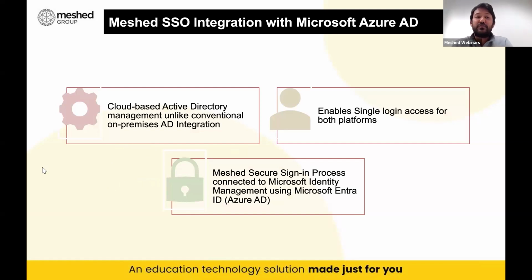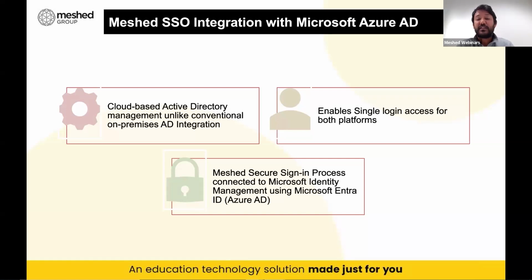This is different from the conventional AD that we used to provide. This is purely a cloud-based solution, which works through your Microsoft Azure. This integration basically enables single login access for both platforms.